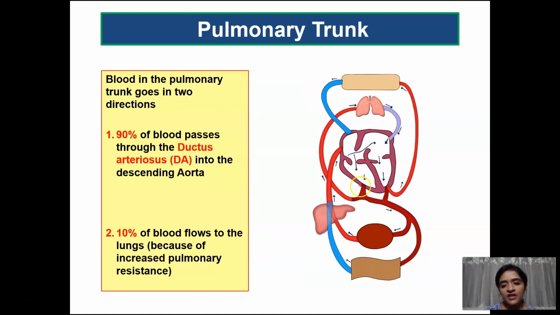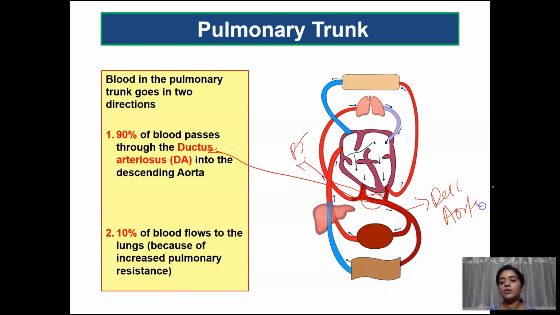Now, when the blood enters the pulmonary trunk, it has two options. One is that the major portion of blood can be shunted through a duct known as the ductus arteriosus, into the descending aorta.